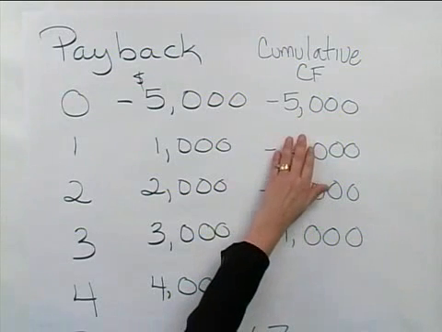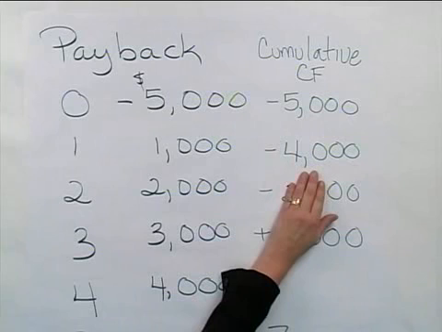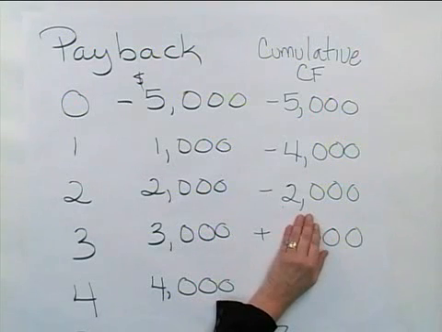At the end of year 0, I've spent $5,000. At the end of year 1, I've made $1,000, so my cumulative cash flow is negative $4,000. At the end of year 2, I've made another $2,000, so negative $4,000 plus $2,000 is negative $2,000.